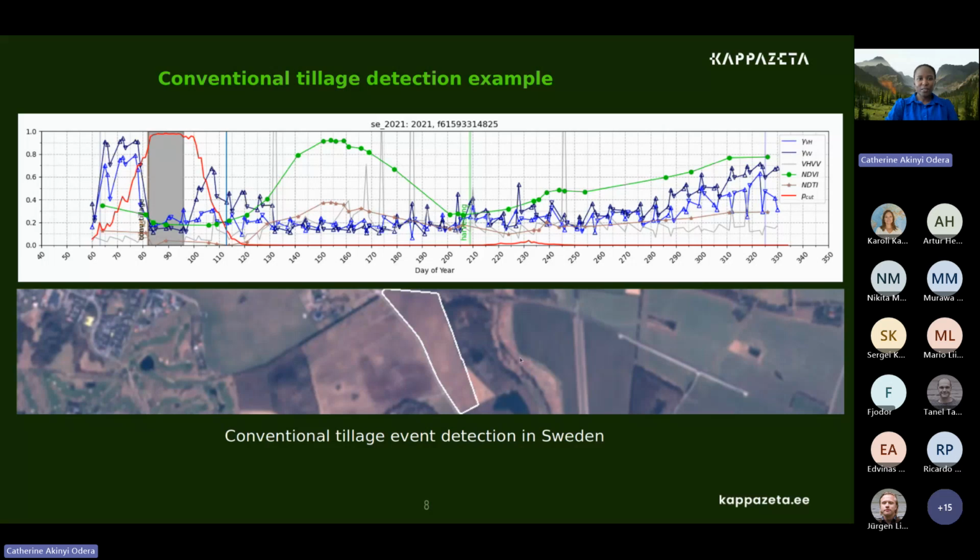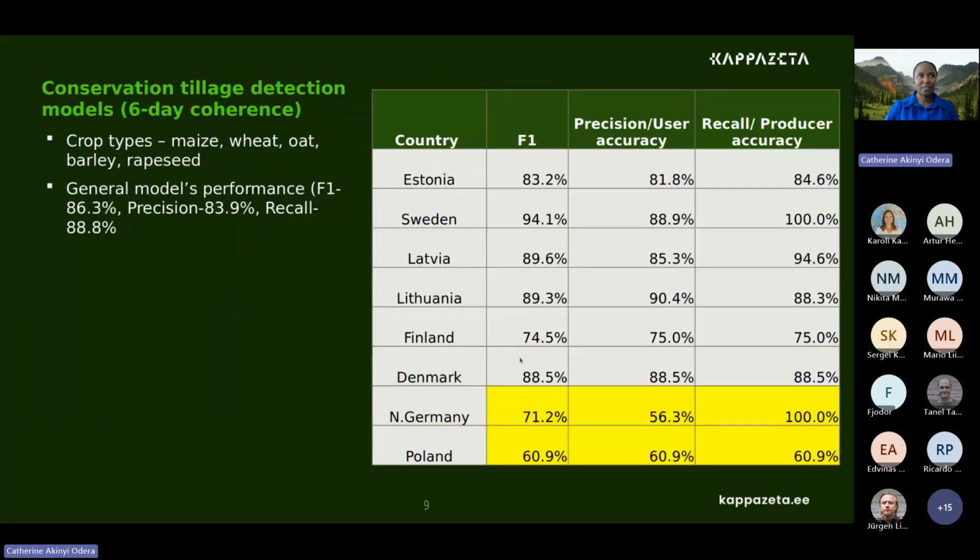We'll now move forward to the conservation tillage detection model. For the conservation tillage detection model, this was a bit different. The approach to developing this model was a bit different, since for conservation tillage, we are more concerned about the detection of presence of crop residue.